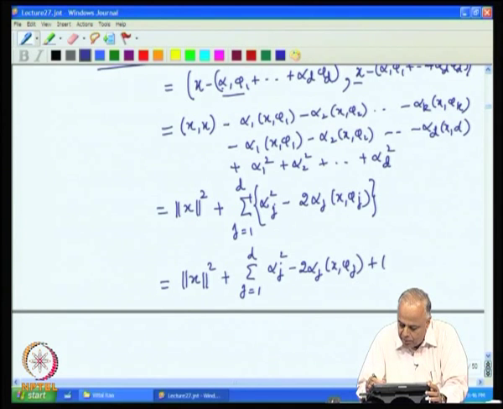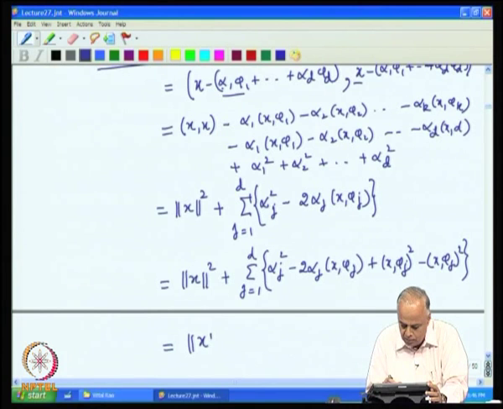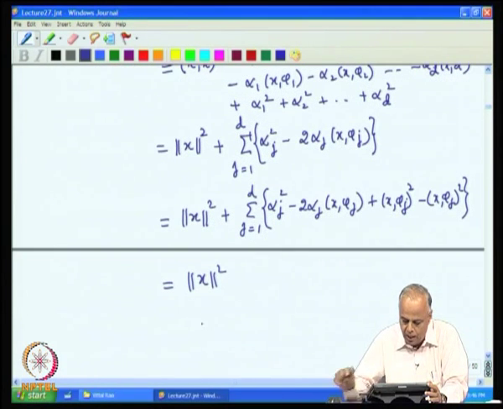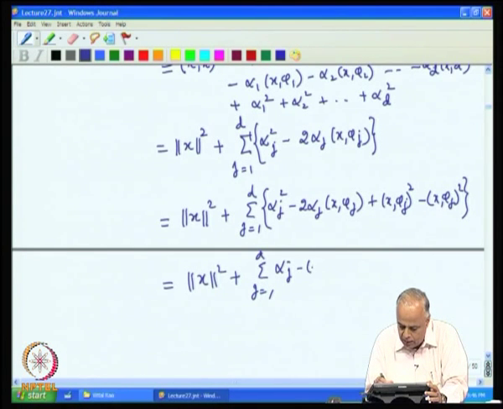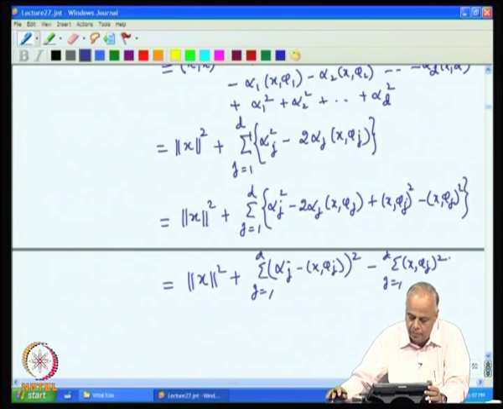So, if we add b squared and subtract b squared in order to complete the square, this is now equal to plus summation j equal to 1 to d of alpha j minus x comma phi j, the quantity squared, minus that extra thing which we added, we now subtracted, x comma phi j squared.